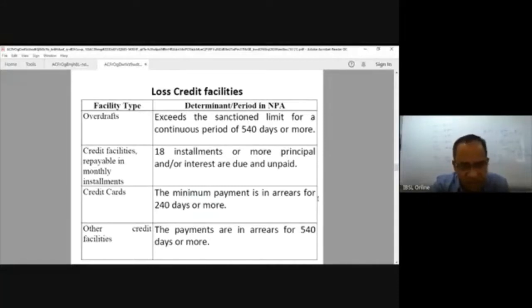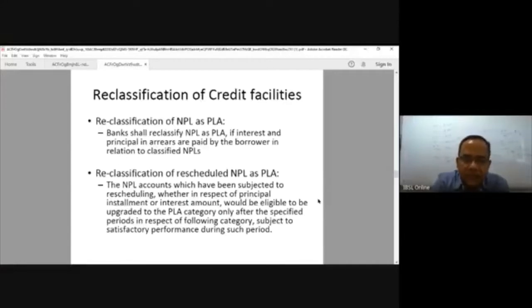Credit cards more than 240 days are categorized as loss. So loss means you will have to write off your capital and interest, both. I don't say write off, you will have to fully provide.